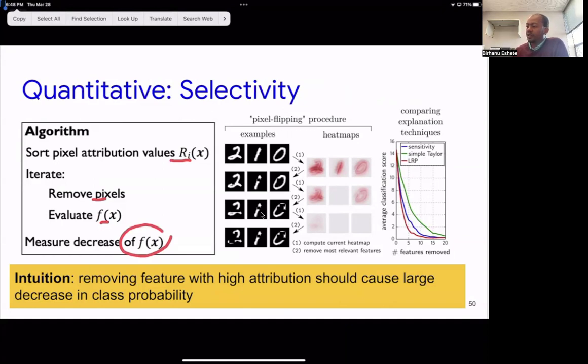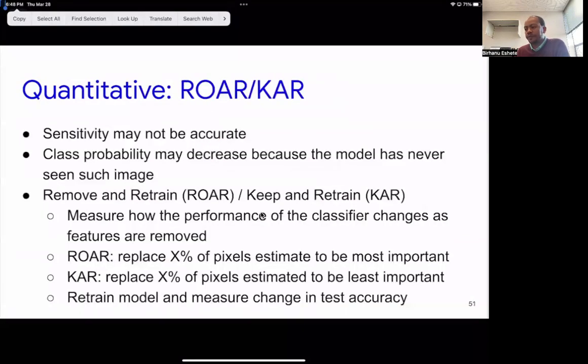And you can evaluate this in different ways. For example, here in the middle, you see the examples and the heat maps and how pixel flipping or removing features would affect the heat maps of the features. So basically, the intuition is that removing a feature with high attribution should cause a large decrease in class probability.